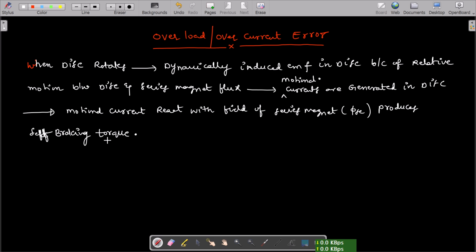This is not the braking torque produced because of the permanent magnet. This is another thing here, whatever explanation is done, that torque here.